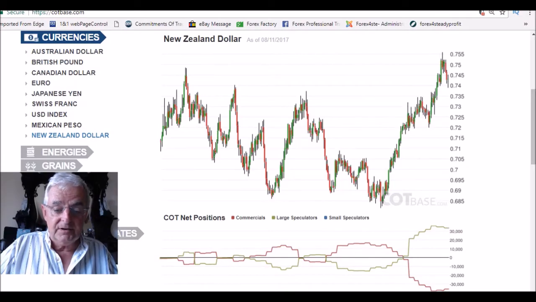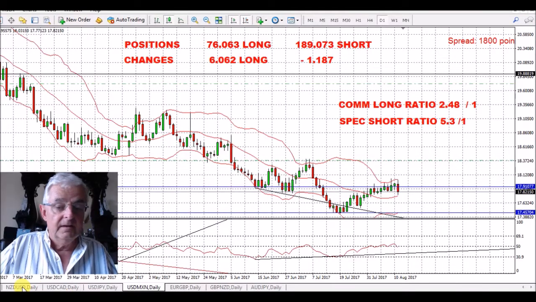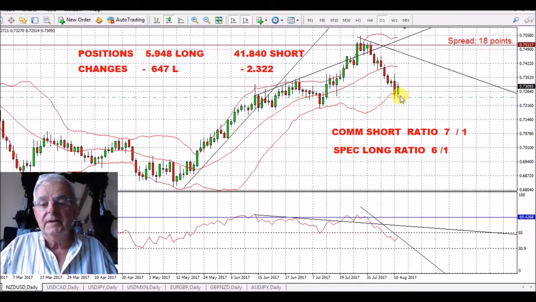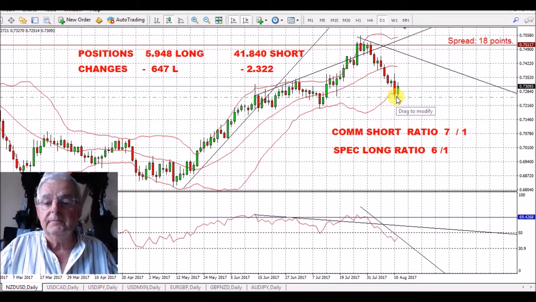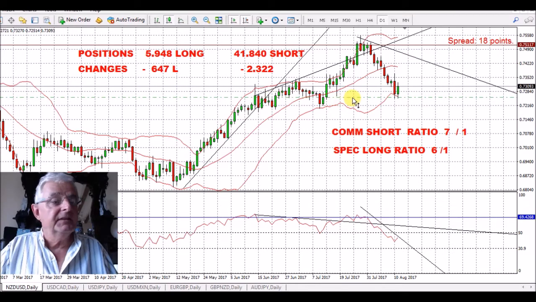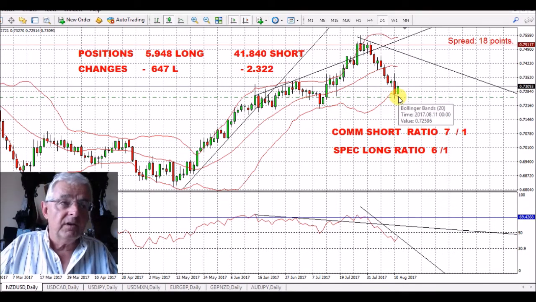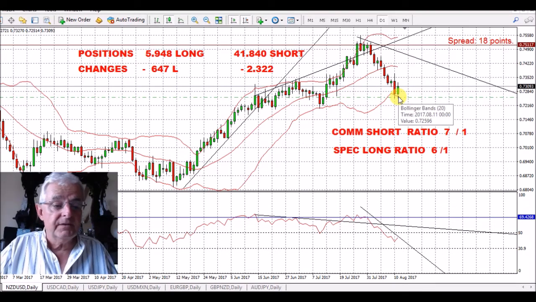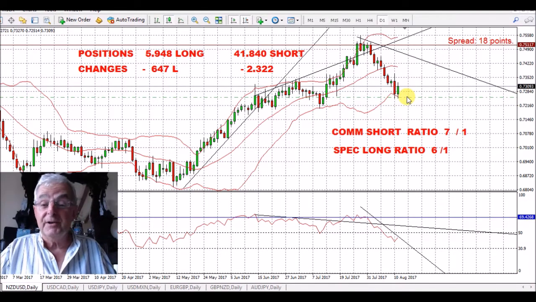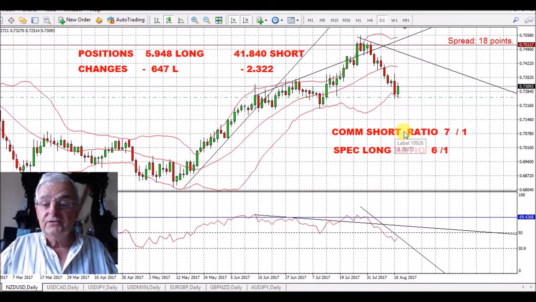We can go and have a look at the chart. Here we go. We've just bounced off the support here. That's basically more like weakness in the dollar rather than strength in the New Zealand dollar. Sorry, they're both dollars, yeah. The commercials are short with a ratio of 7-1.